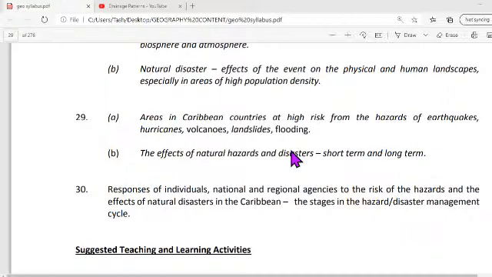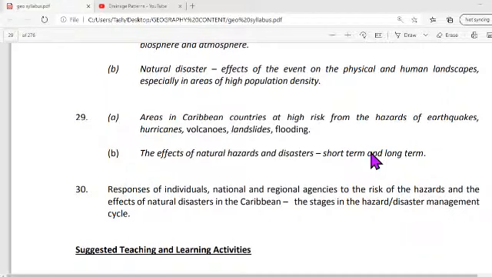Another example is that we send specialist persons such as paramedics, soldiers, essential workers, to the areas where they need assistance. So the final one is the stages in the hazard disaster management cycle.